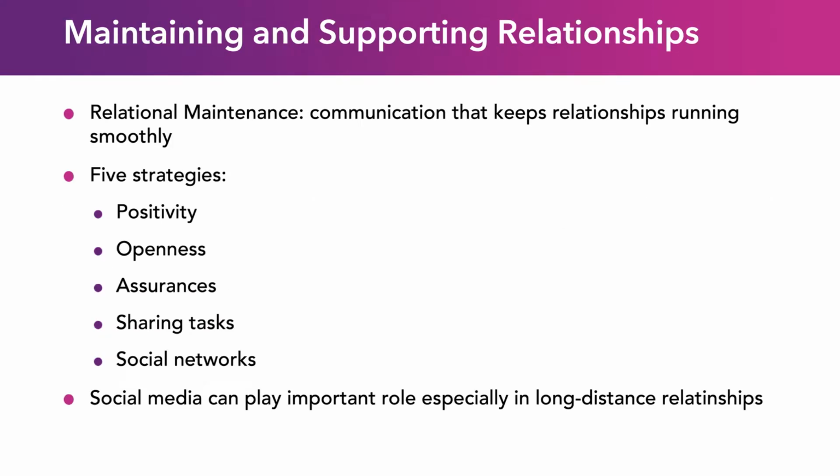Now we're going to look at the idea of how we maintain and support relationships. Remember, relational maintenance is the communication that keeps relationships running smoothly. And there are 5 strategies that we can use. All right, the first one is positivity.